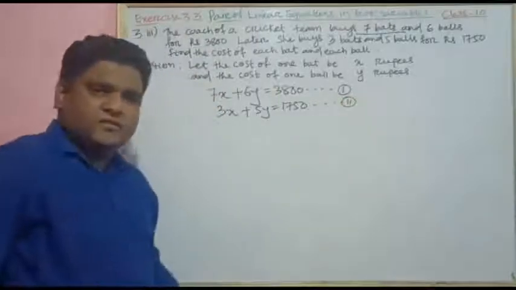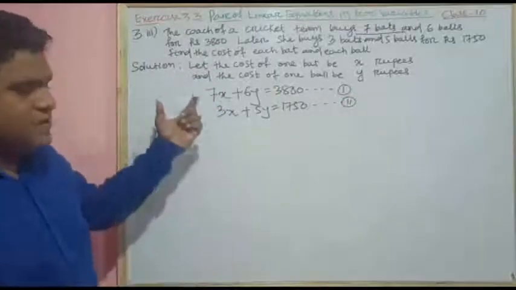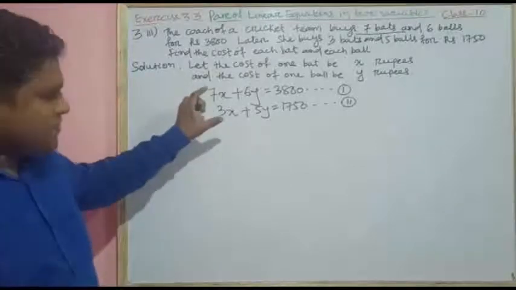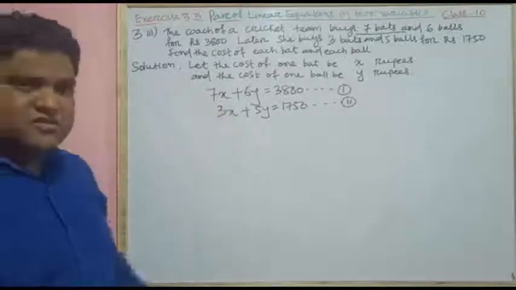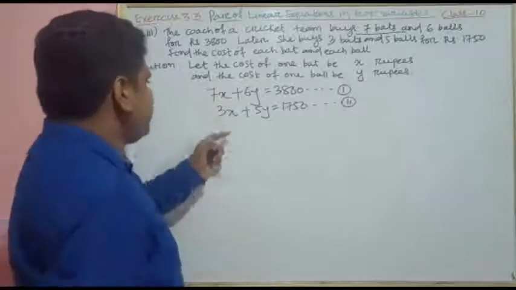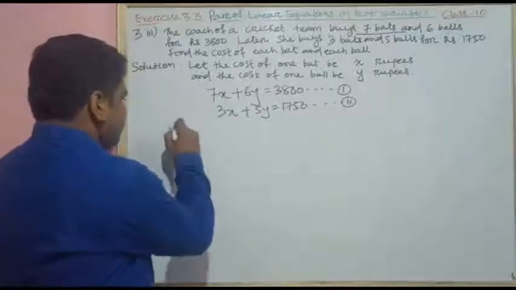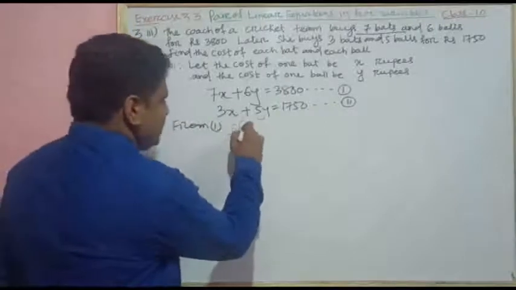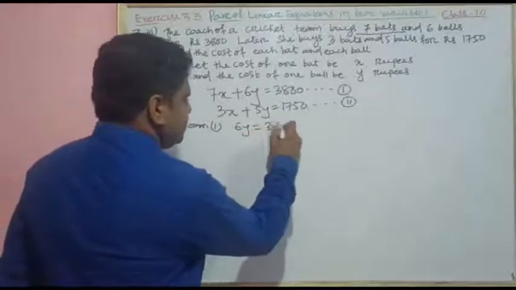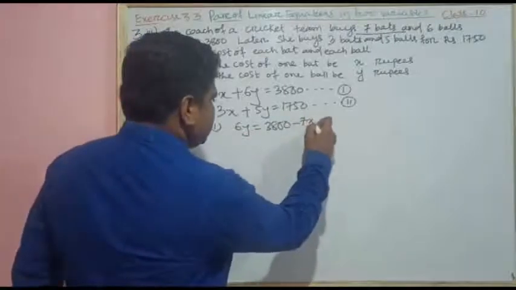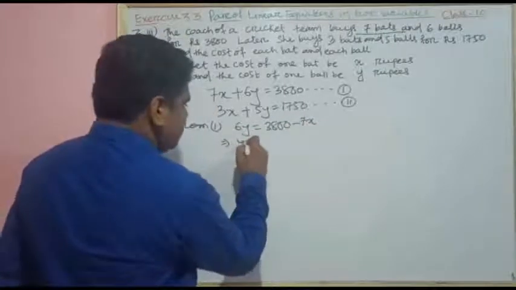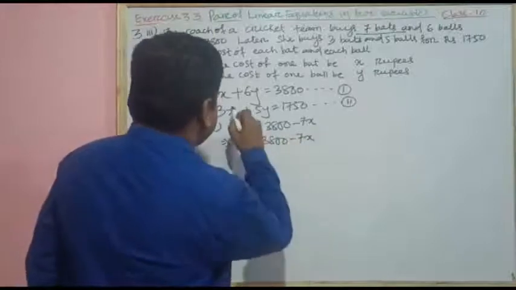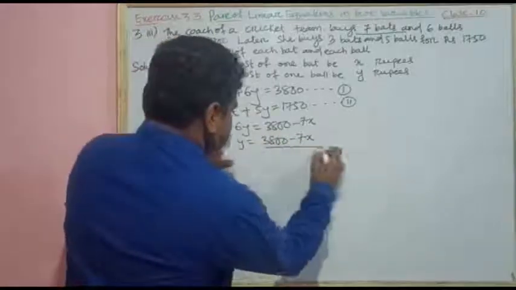We have to solve this also by the method of substitution. So in substitution we have to convert one variable in terms of the other. So from equation 1 we can write 6y is equal to 3800 minus 7x, or y equal to 3800 minus 7x by 6.